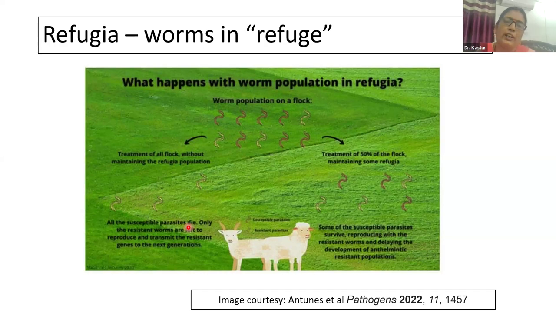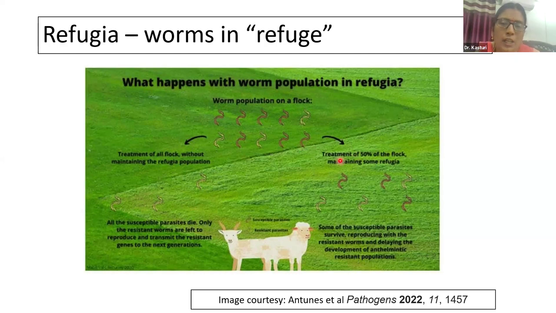On the other hand, if you are maintaining the worm refugia, meaning you are going for selective treatment of the animals, this is also referred to as targeted treatment or targeted selective treatment. Targeted selective treatment means you treat selectively, based on symptoms or certain parameters, and only the animals which require treatment receive it.